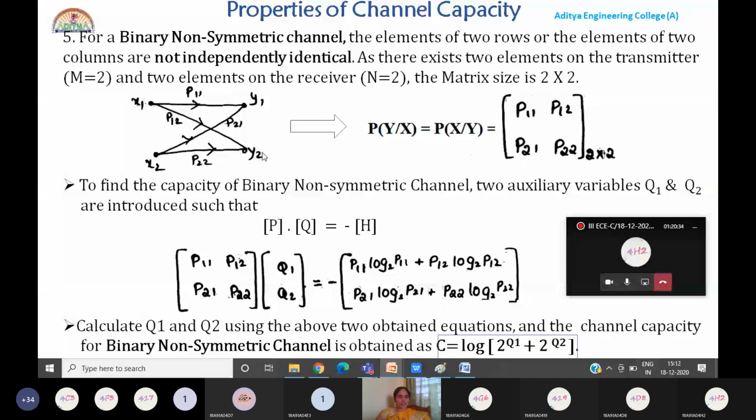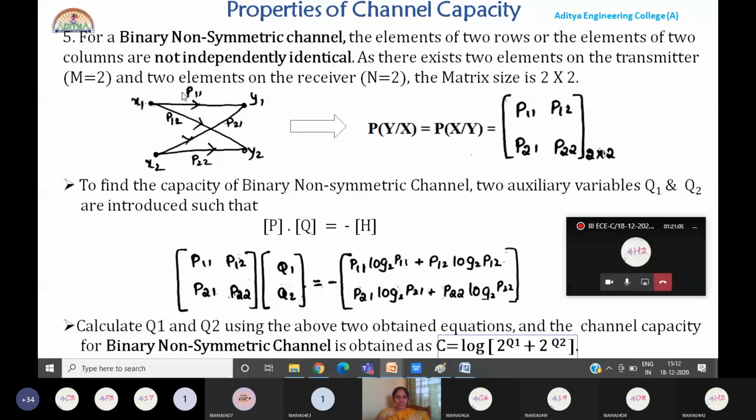So what are the elements present on the transmitter side? x1, x2. What are the elements present on the receiver side? y1 and y2. Now because this is a non-symmetric channel, there is no need that all the elements are identical. So here P11 is not equal to P12 and P21 is also not equal to P22.